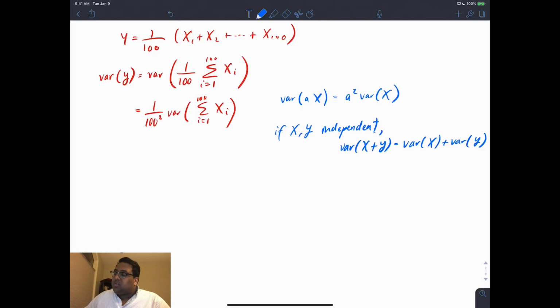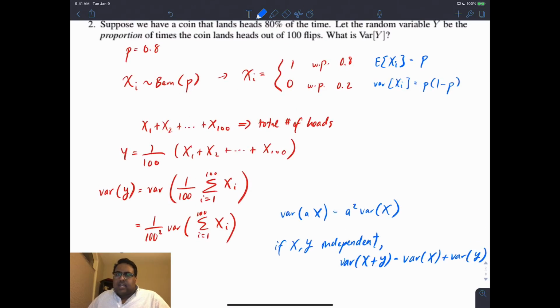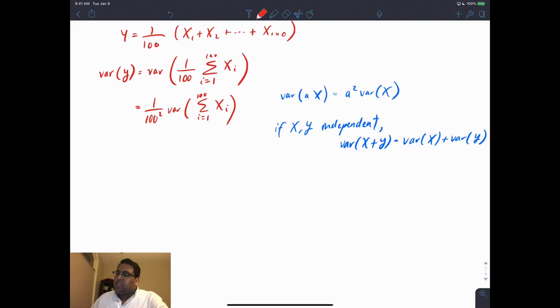All we need to know is that if two random variables are independent, the variance of the sum is the sum of variances. Why do we need that here? Because each coin flip is independent. Whatever happens on flip 73 doesn't impact whatever happens in flip 74, for example. Each coin flip is independent of one another. And so that allows me to rewrite the variance of a sum as a sum of variances.